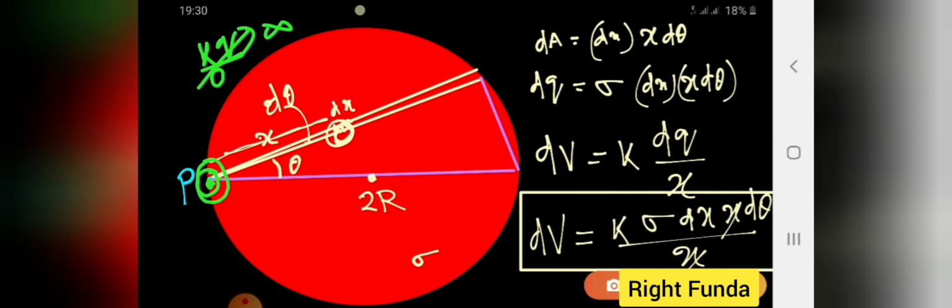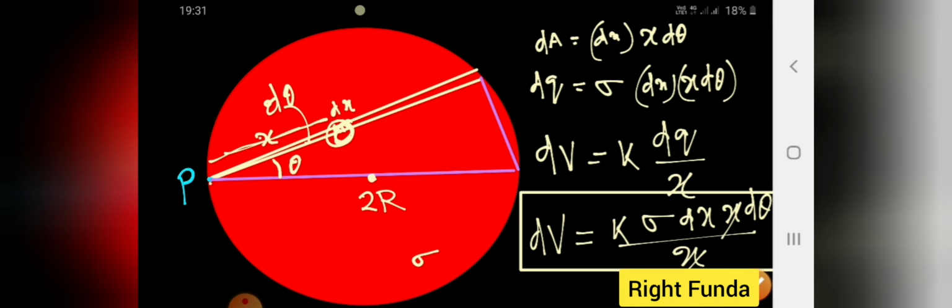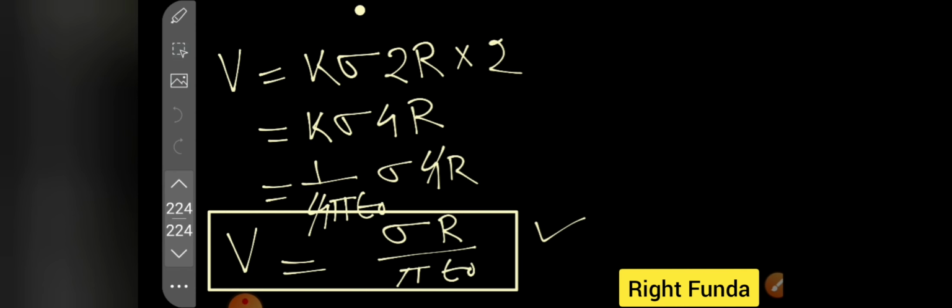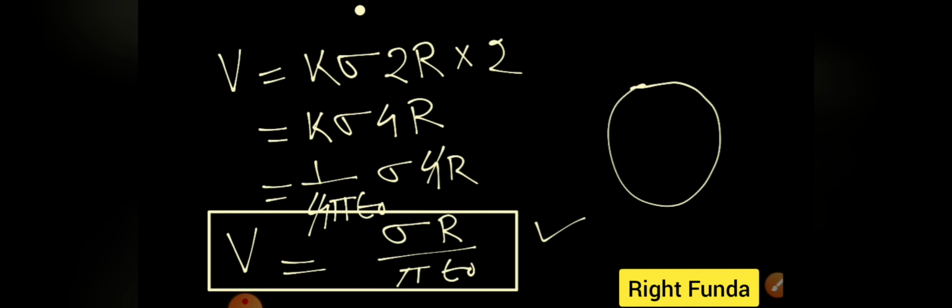So it is not exactly true that we are finding it on the surface. We are finding it just nearby to the surface of the periphery of the disk, and the potential formula we obtained is sigma R by pi epsilon naught.